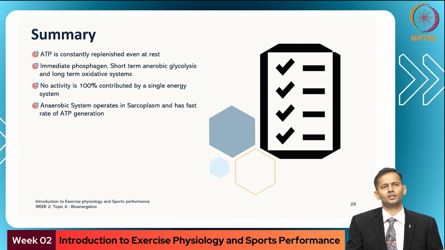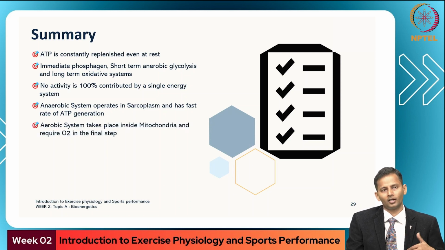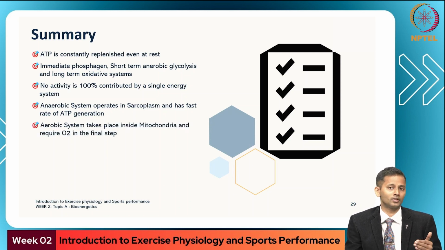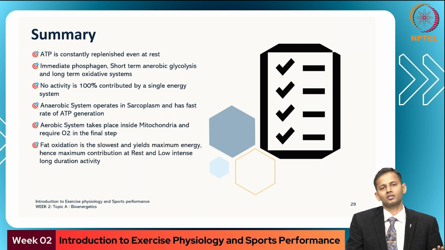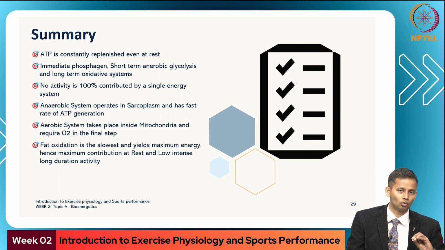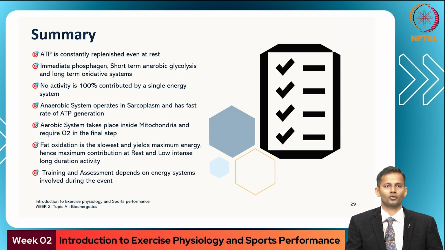The anaerobic system operates in the cytoplasm of skeletal muscles, called the sarcoplasm, and the aerobic happens in the mitochondria, and the rate is slightly slower, where oxygen is used in the final step. Fat oxidation has higher capacity but is limited in its rate of production, whereas phosphagen has the lowest capacity and the highest rate of production.